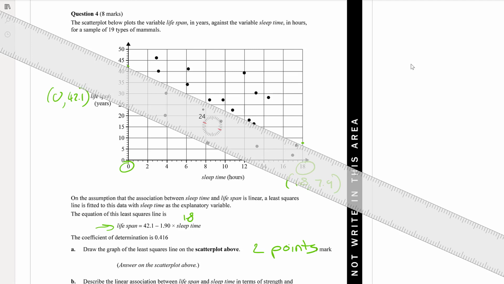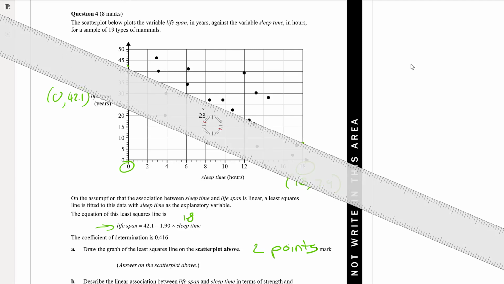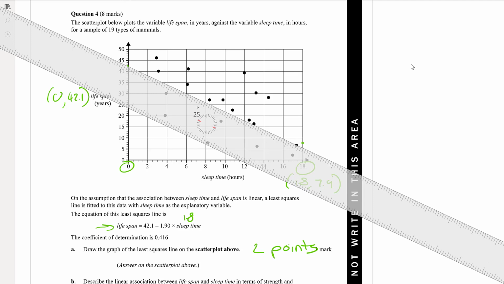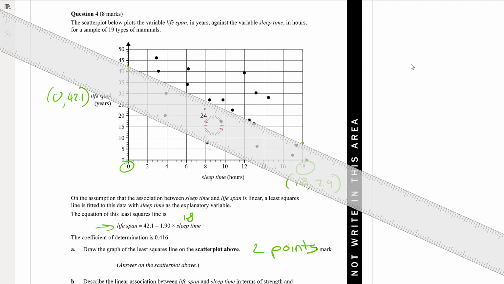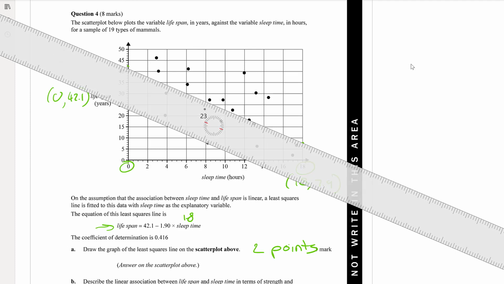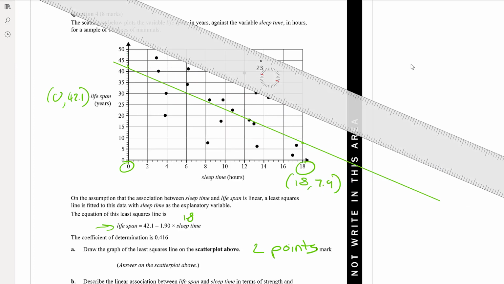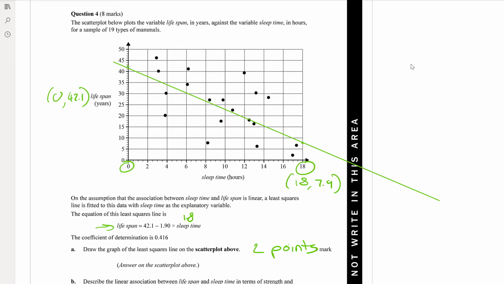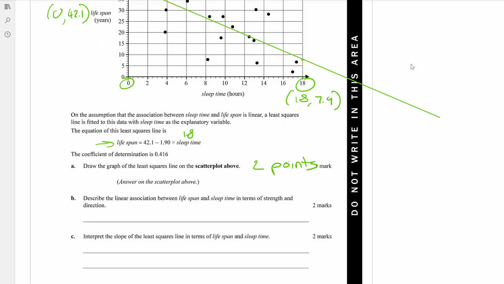Again, this is not going to be perfect, but you get the general idea. Sorry about it not being particularly great, but you've got your ruler in your exam. Do that, that's going to give you the mark. That's all we need to do on that one.